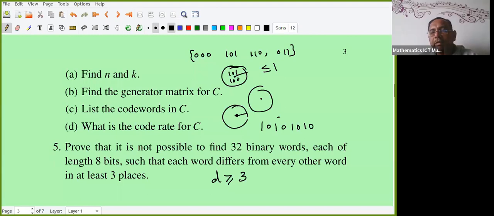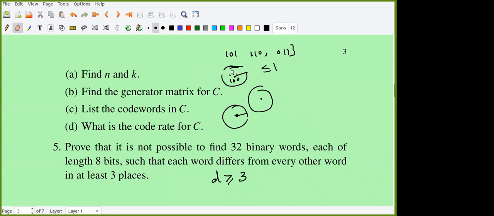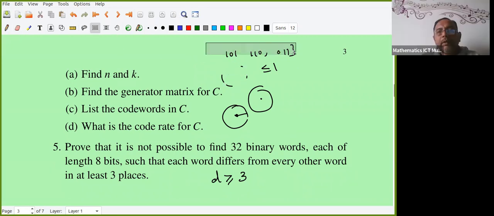First of all, you need to choose some place and replace it by 0. If you choose this one, you replace it by 1, remaining as it is. So like that, how many places are there? 8 places. So total, how many vectors are there inside the circle now? 9.